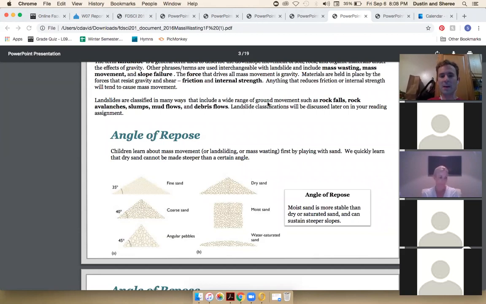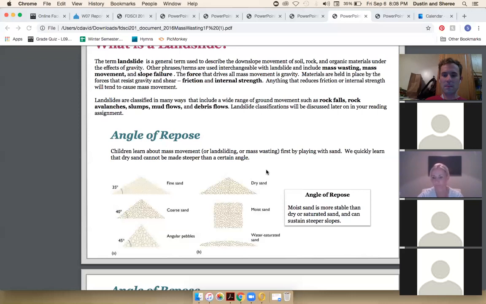What's something else that can cause mass wasting? Anybody? Yeah, cutting the slope off of a hill. Let's say you've got a hill right here, and then you decide to cut off this bottom end.